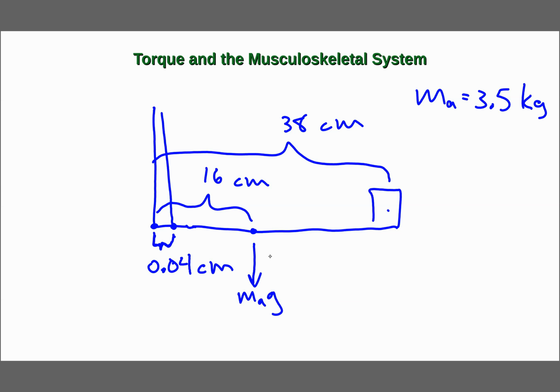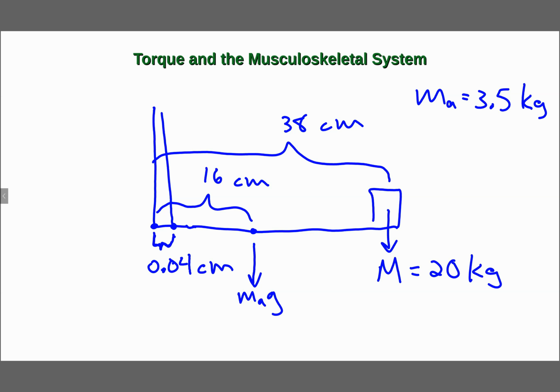And then let's say this mass that's in our hand is 20 kilograms. Okay? That's about 44 pounds. So that's a pretty decent weight to be curling like this, right? So our person is pretty strong. They go to the gym, they work out. They're strong enough to curl 45 pounds in a hand. Okay?